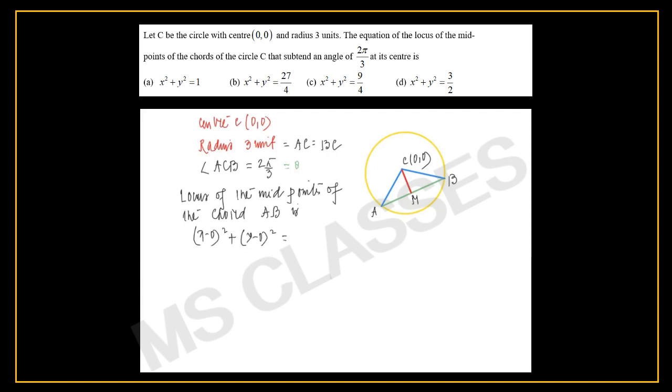R is here 3, square, cos square pi by 3. Actually 2 pi by 3 by 2, and we get that one as pi by 3. Now from this we get that is equal to 9 by 4, because cos pi by 3 is half, square 9 by 4. So therefore the required locus which we get is x square plus y square equal to 9 by 4. We move on to next question, but before that we have to know a very important tip here.